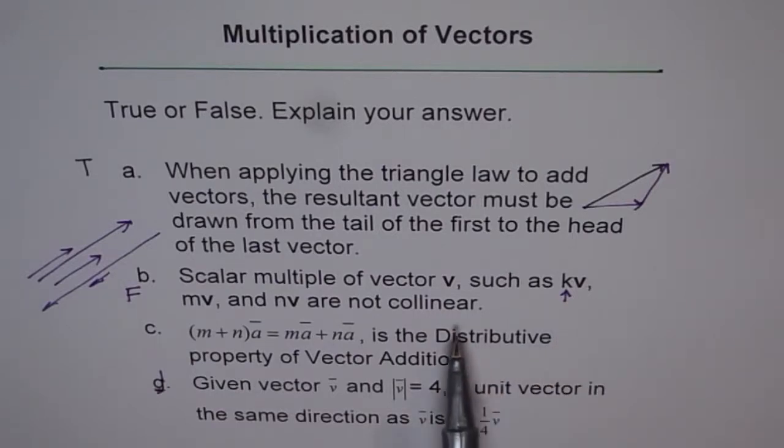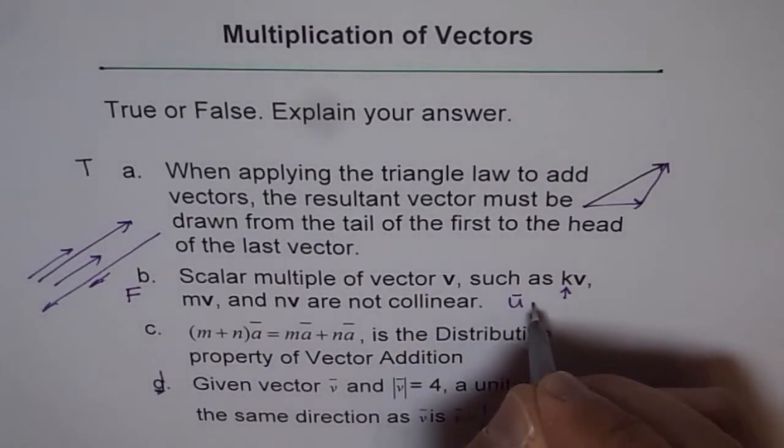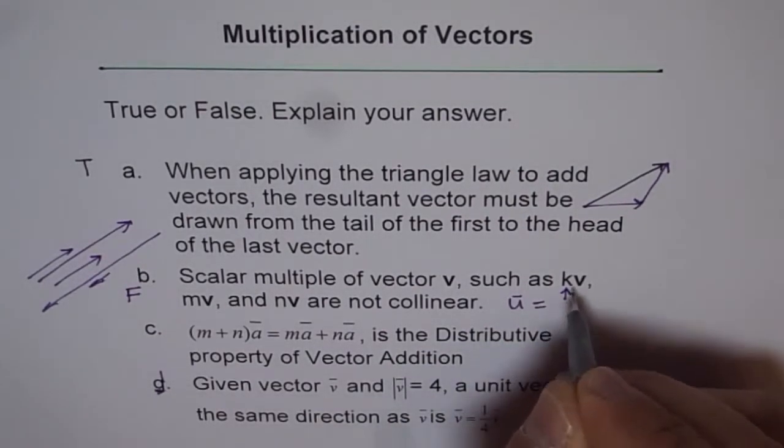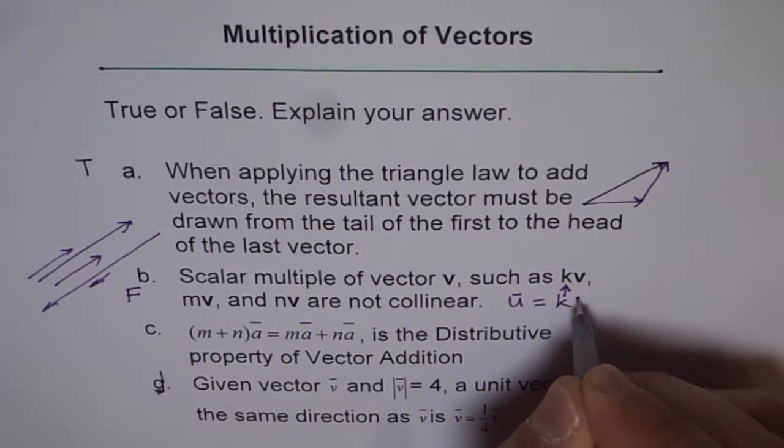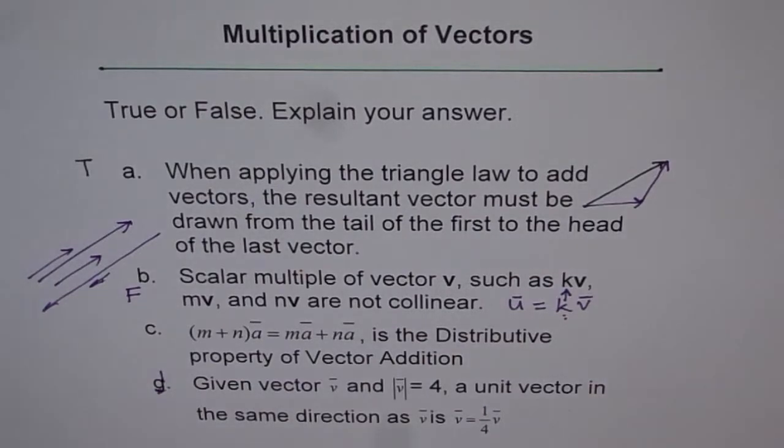If the vectors are collinear, then they are scalar multiples. So you have a value of k which can say that if u and v are collinear, then u equals k times v. There will be a scalar which, when multiplied to the other vector, gives you this vector, right? So that is the relation.